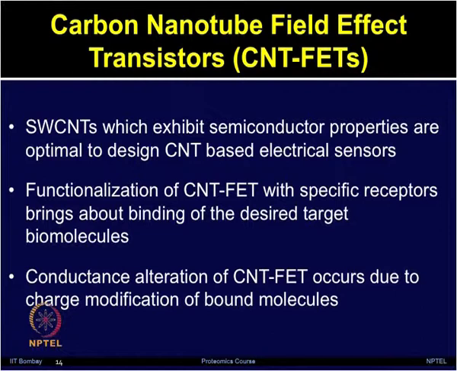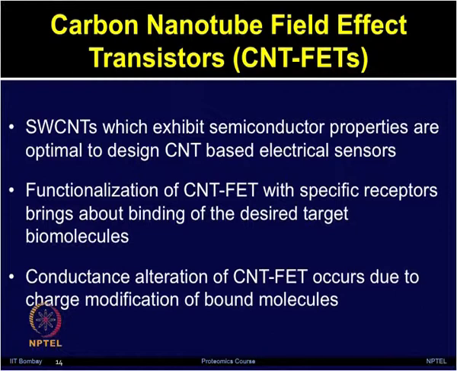The functionalization of carbon nanotube field effect transistors with specific receptors brings about binding of the desired target biomolecules. For example, we can immobilize the surface with specific receptor antibodies, and then target proteins can be used to detect the binding.